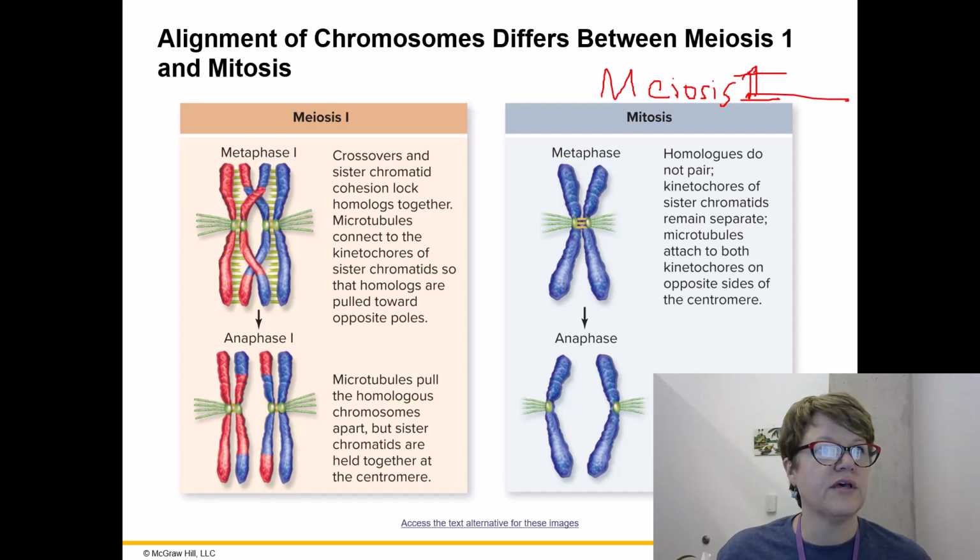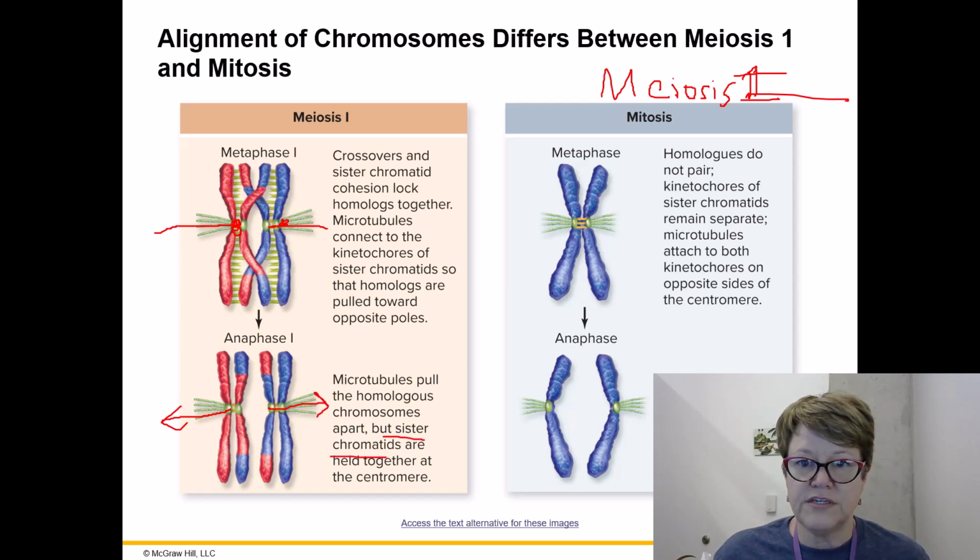So in meiosis 1, the way the fibers attach, one fiber, let's say from the left side of the cell, attaches to this dyad. The other fiber attaches to this dyad. Same thing. And then in anaphase, they're pulled away from each other, but sister chromatids are not pulled apart.